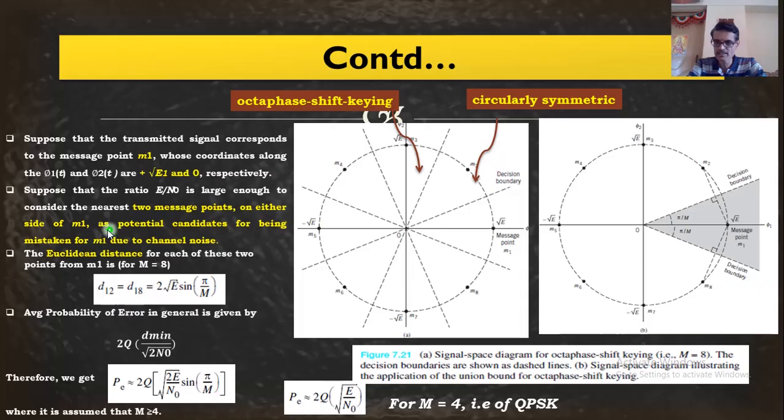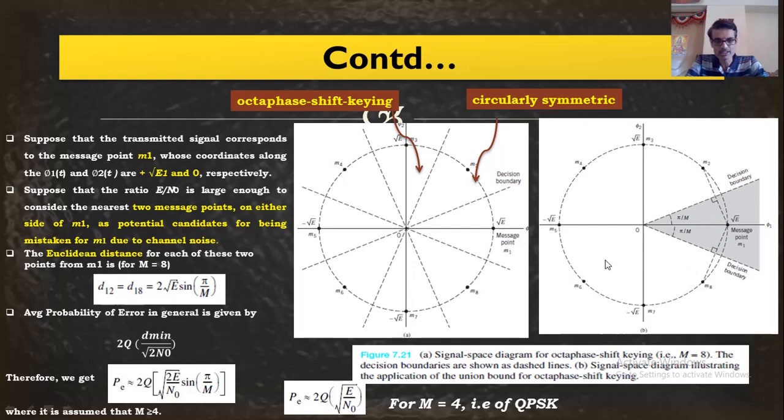The distance between this and this is called Euclidean distance, or d minimum, or we can call this distance d12, this distance d18. It is given by 2 root E sin(π/m). This is the formula for the distance between the two message vectors or two signal points.